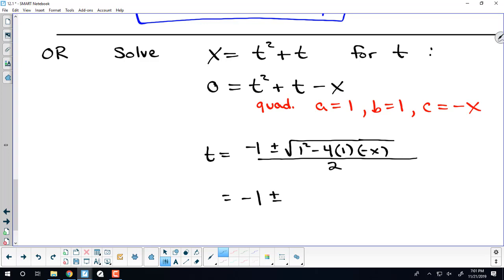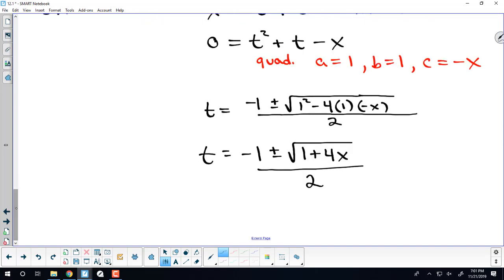So in our radical, we have 1 plus 4x, the radical, all over 2. And that's what t is. So we solve the x equation for t, we get this, and now we're going to plug this t back into our y.